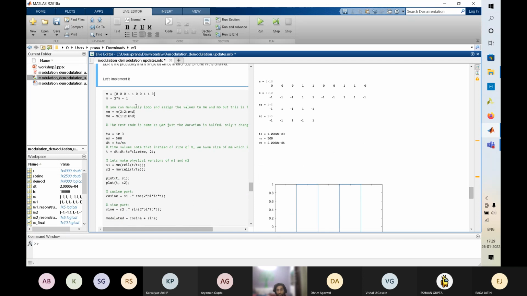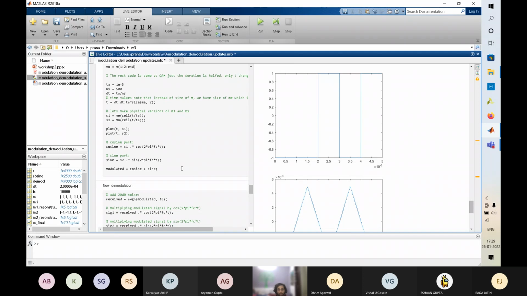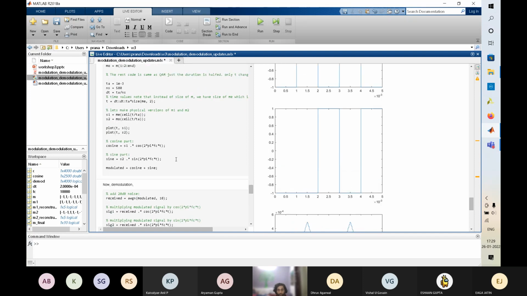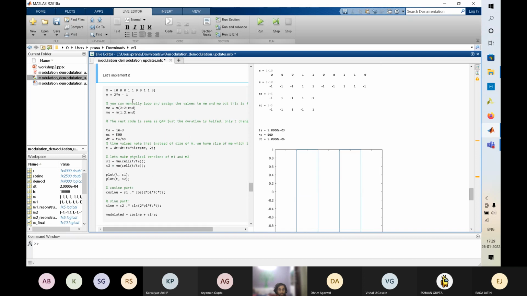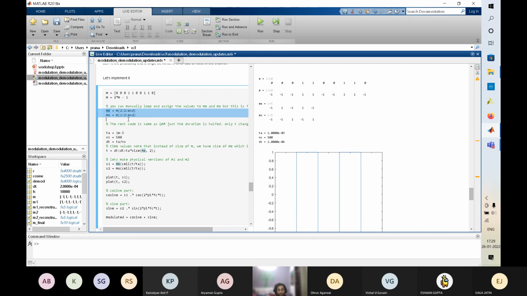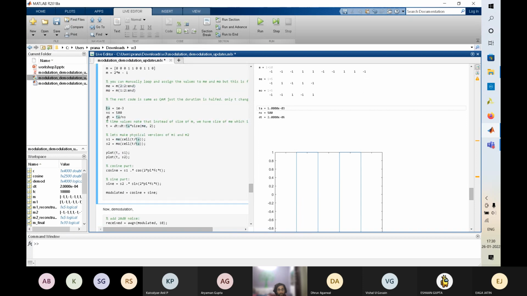The procedure is exactly the same as QAM because the equations that come in both cases are the same. This usually doesn't happen, but here the logic behind both of them is different, yet the equations that come are the same. So in this case also, this is the message signal, we divide it into even and odd parts. Then we create a lot of samples.